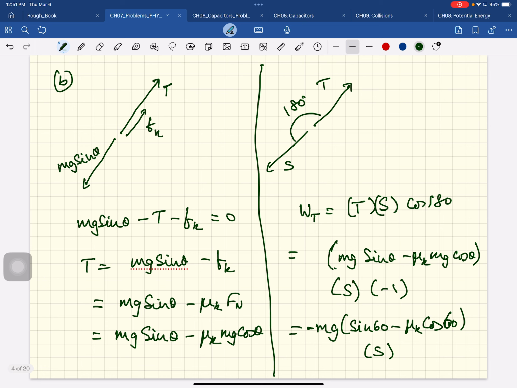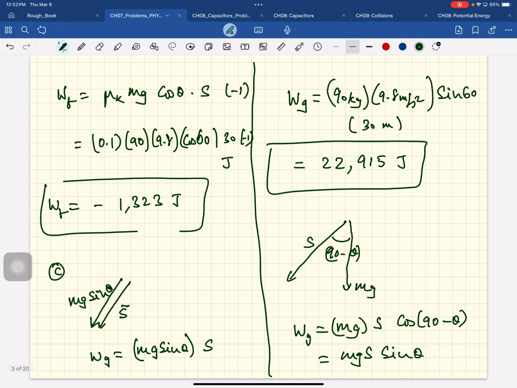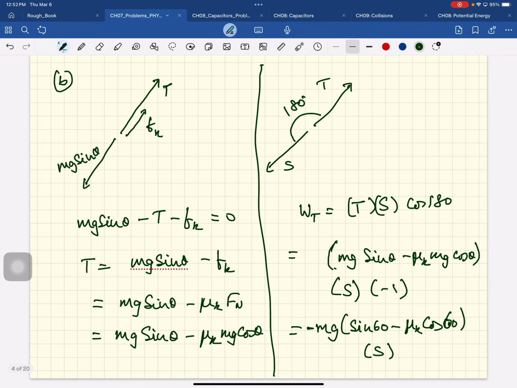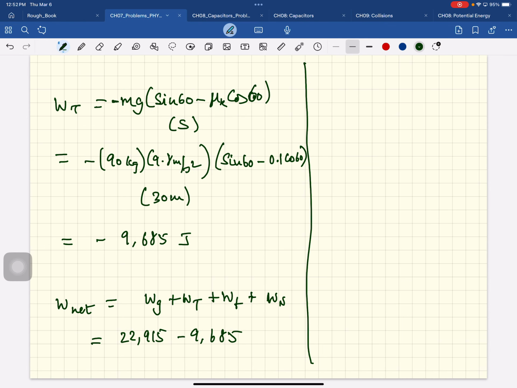Work done by friction is 1,323. And then work done by the normal force is 0. These don't add up to 0, so I don't know where I went wrong. What did I do wrong?